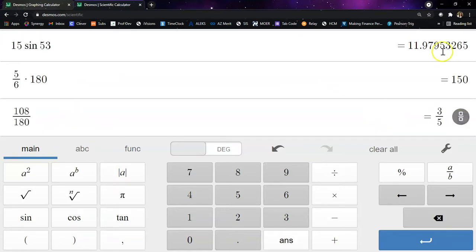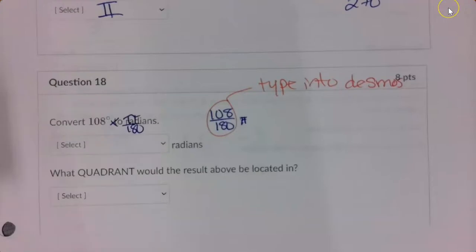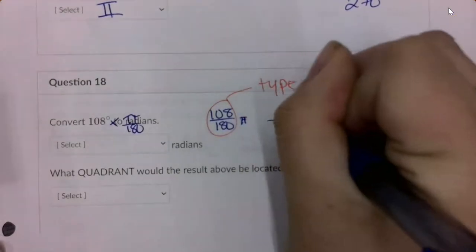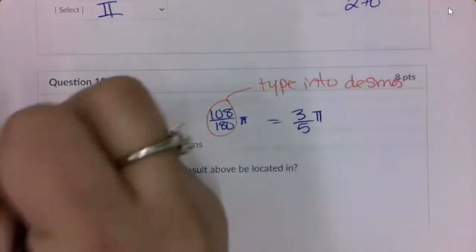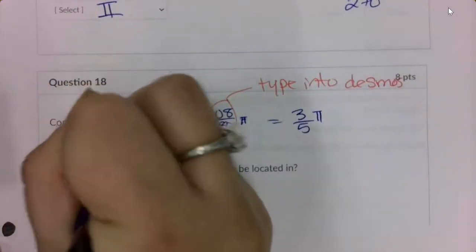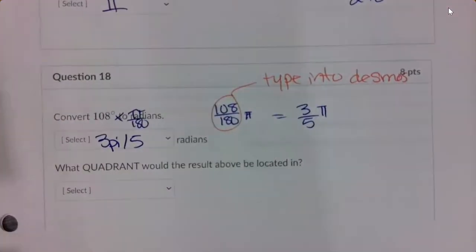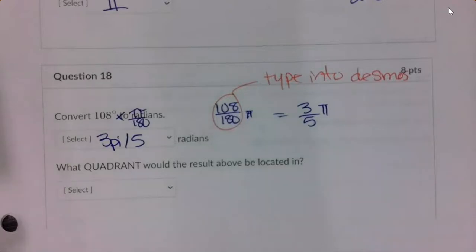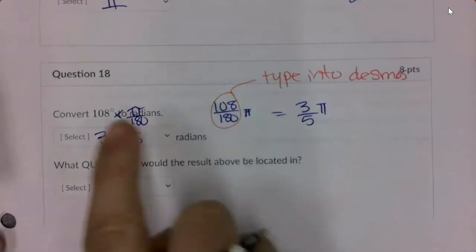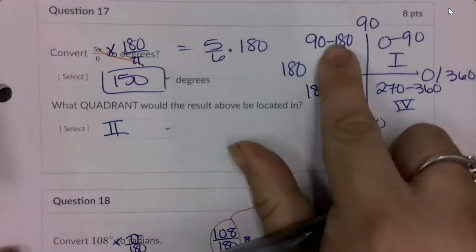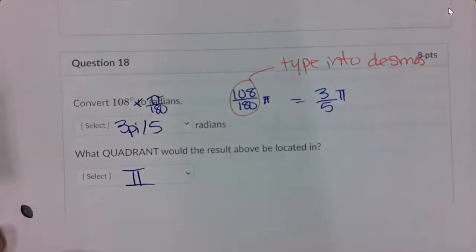If I turn it back into a fraction, it gives me 3/5. So my answer here is 3 pi fifths. It writes the pi before the denominator, because it puts it on the top of the fraction. This one, I'm looking at 108 degrees, which is between 90 and 180. So this is again quadrant 2.